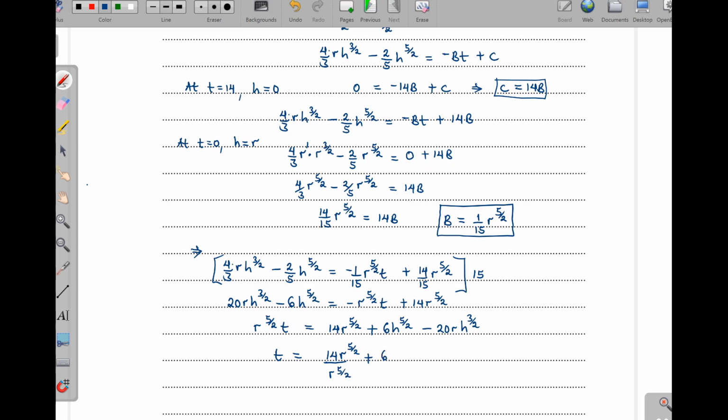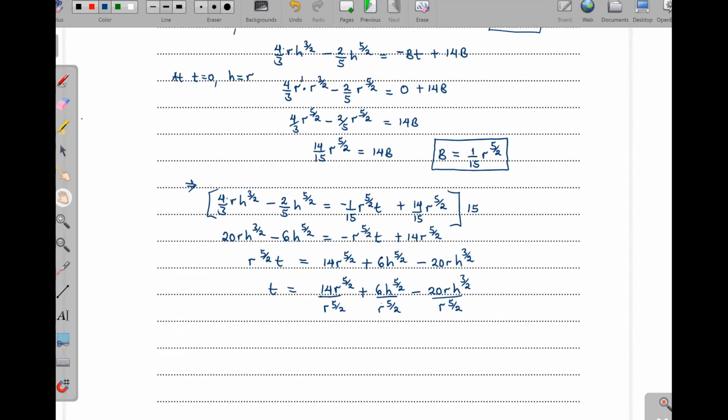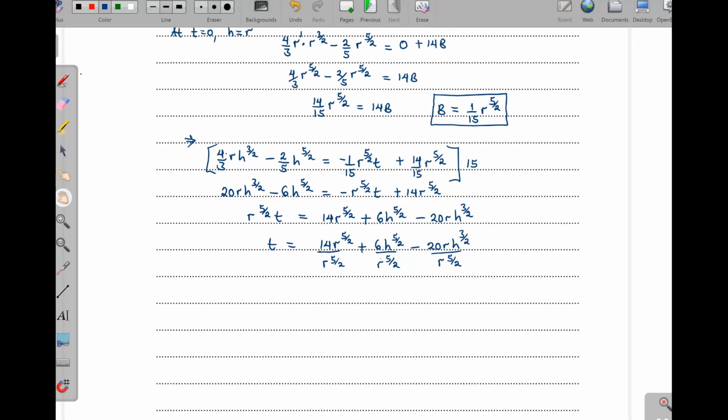Then plus 6 h power 5 over 2, then we also divide by r power 5 over 2. Then minus 20 r, then h power 3 over 2, then out of r power 5 over 2. Okay, now you can easily see that this one is going to disappear. So our t is going to be 14.